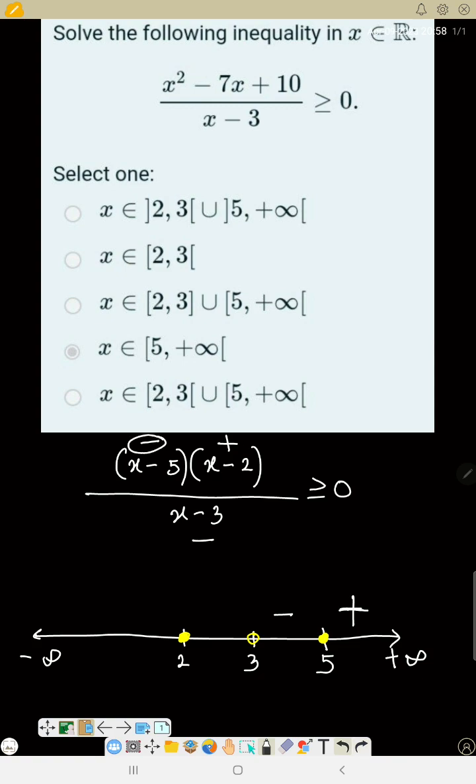Now minus times plus is minus, then minus divided by minus is plus. So between 2 and 3 here is plus.